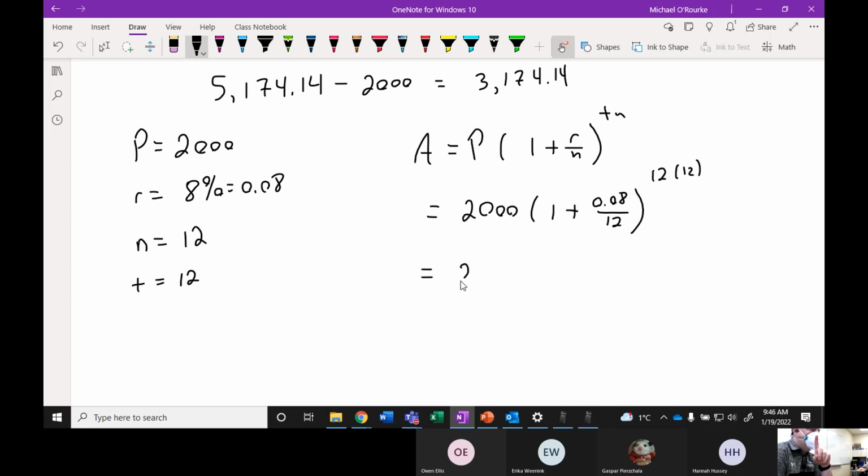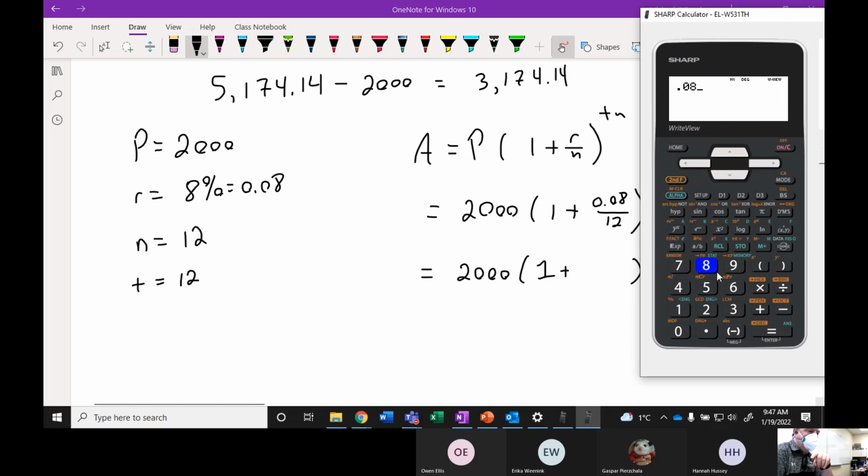The other way you could do this is you could just do it in stages, right? 144, 1 plus, what's 0.08 divided by 12? Sounds like 0.006.